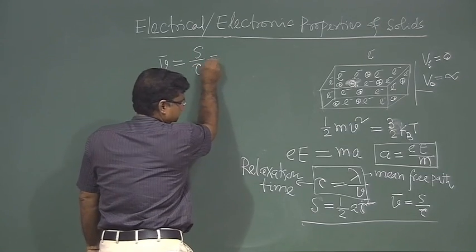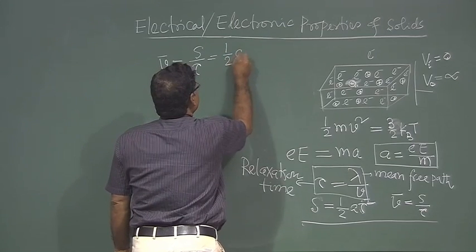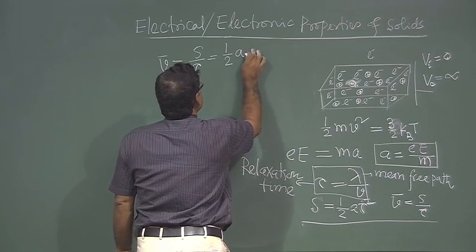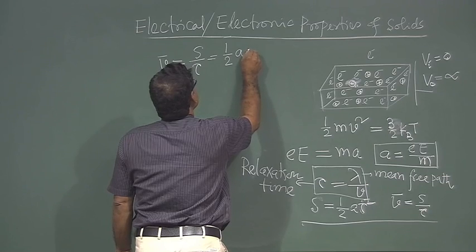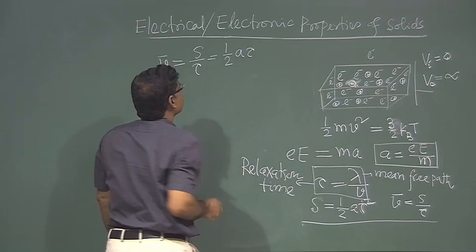So, s equals half a tau square, and divided by tau, so it is tau, right.